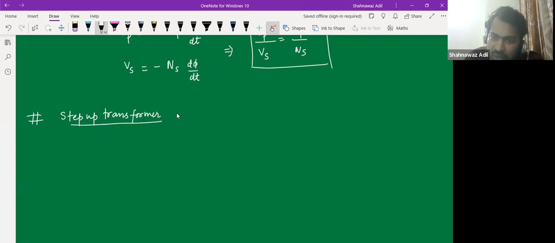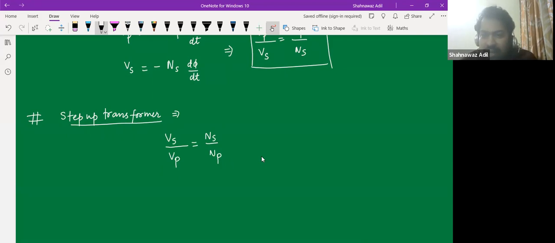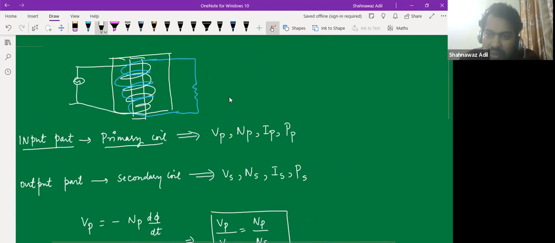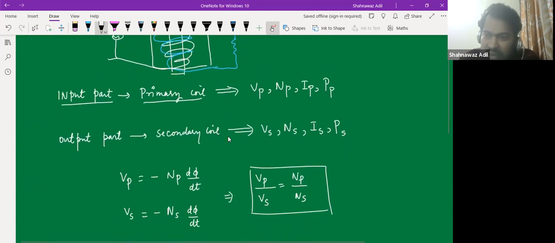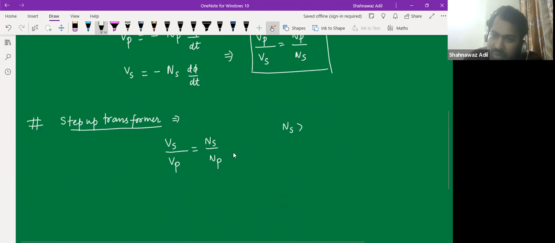So we know that what would be a step-up transformer? We know that the voltage in the secondary coil divided by the primary voltage is equal to Ns by Np, right? So if I increase the number of turns in the secondary coil, if Ns is greater than Np... We have just started transformer, and we're talking about this.